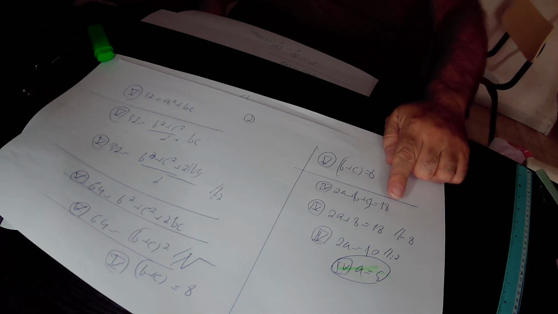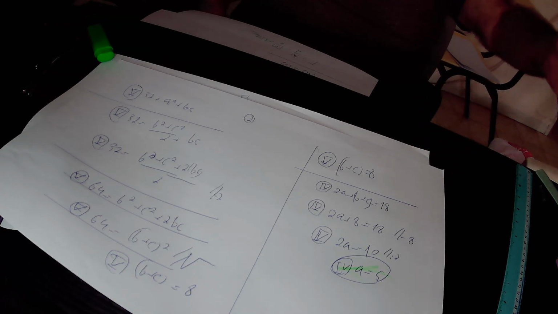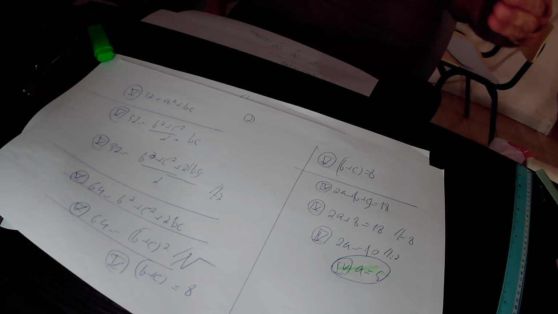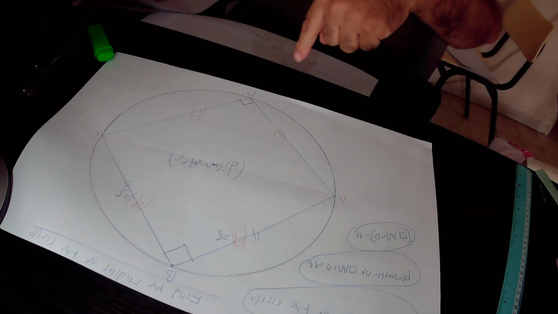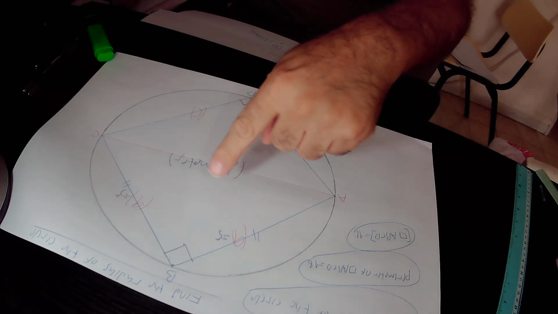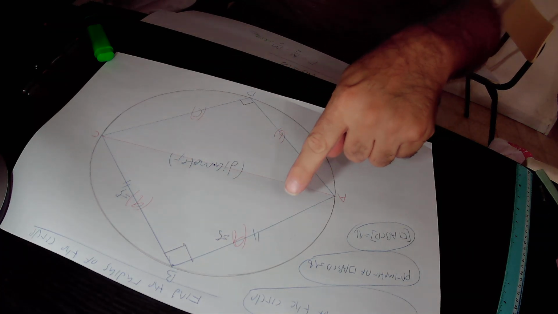Here we subtracted 8 from this equation, and we found out that 2a equals 18 minus 8, which is 10. So 2a equals 10. Here we divided this equation by 2, and we found out that a equals 10 over 2, that is 5. So BC is 5, and AB is also 5.